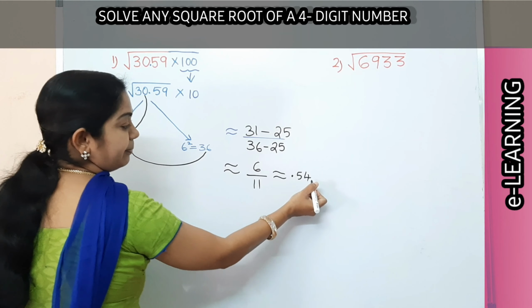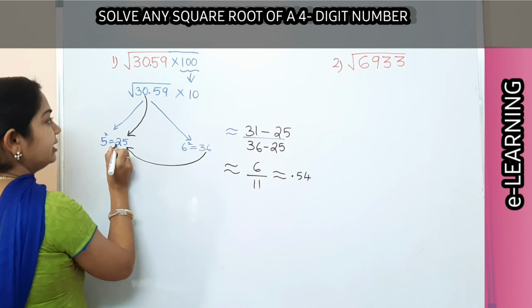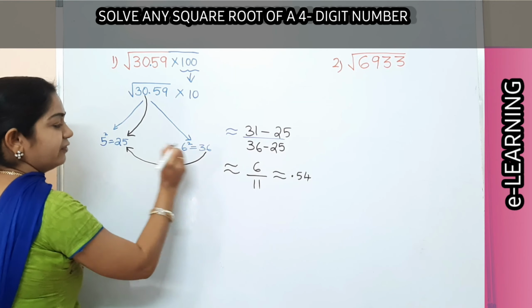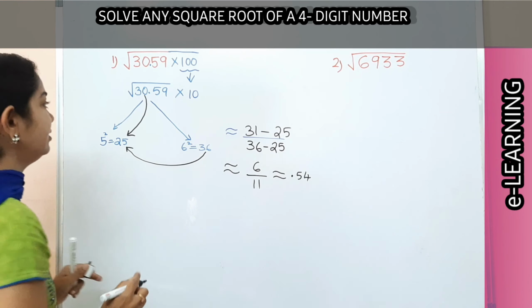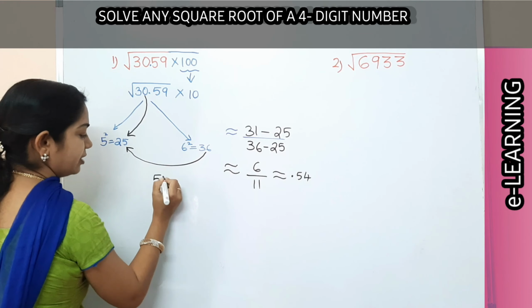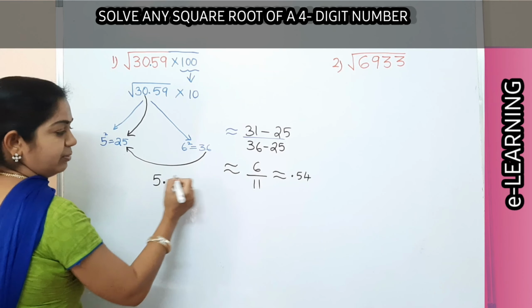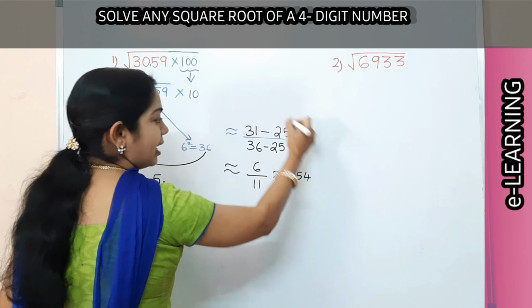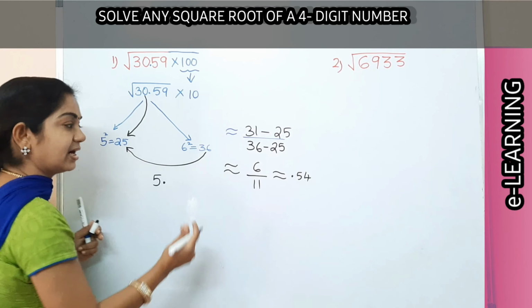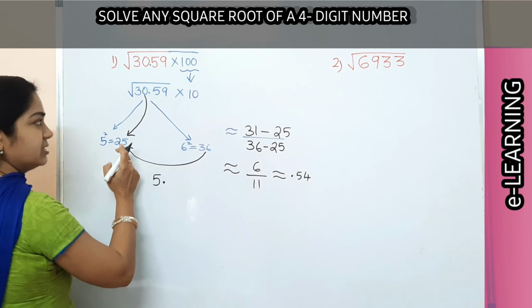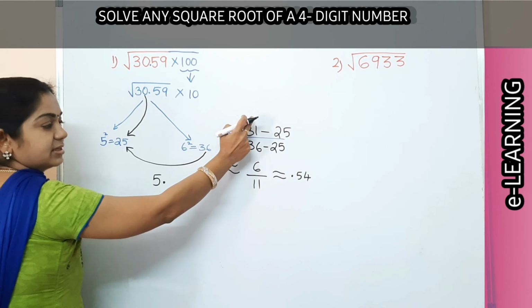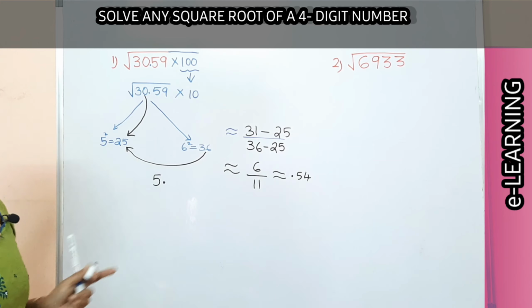So 0.54 you can get approximately. That means when 30 lies between 25 and 36, our answer will start from 5 point so and so. For the decimal part you have to do this approximation: subtract this from this and this from this. This is the numerator part, this is the denominator part.